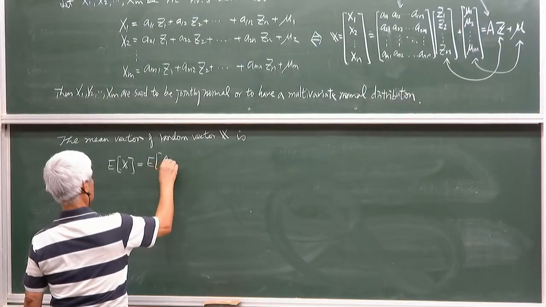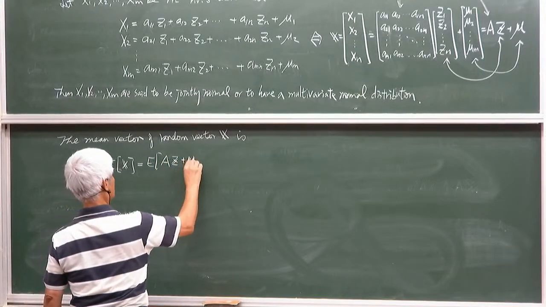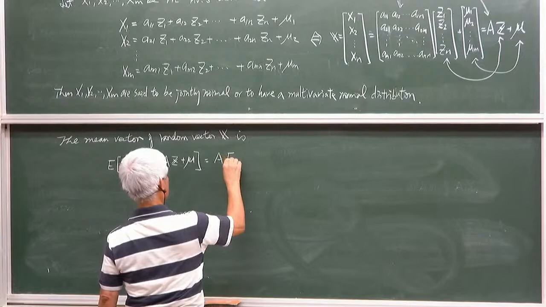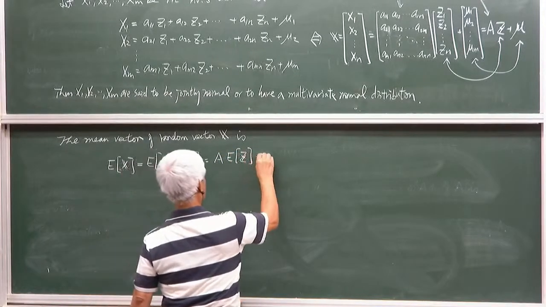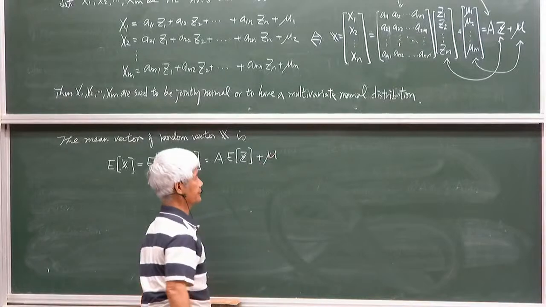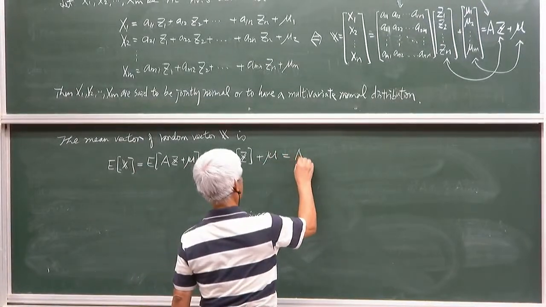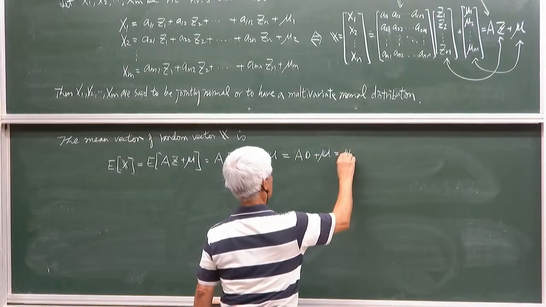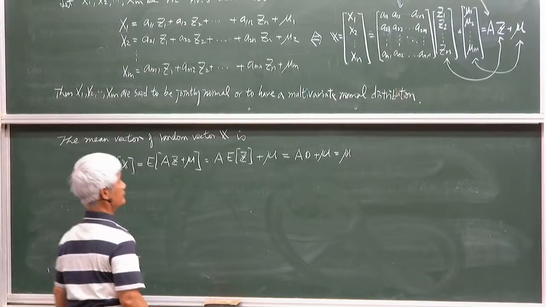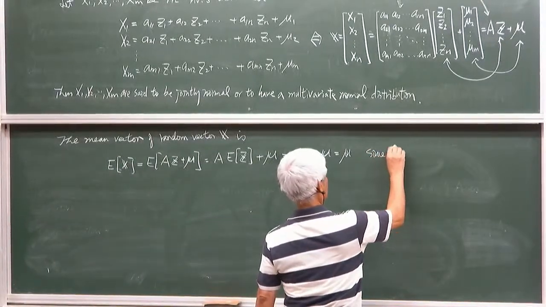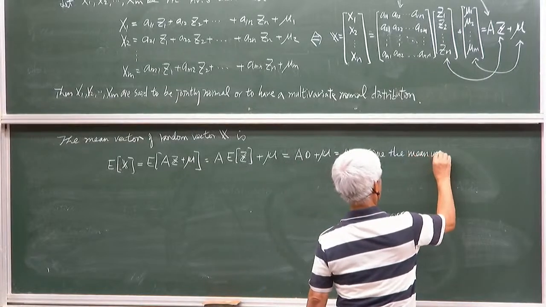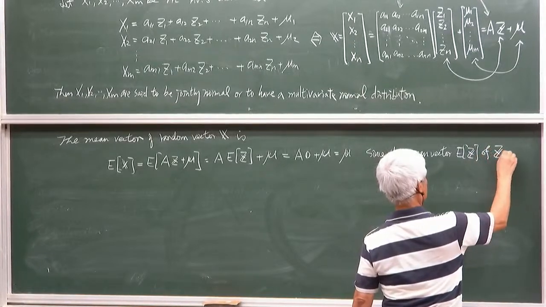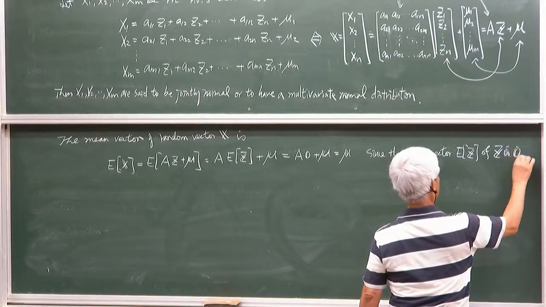It's A Z plus mu, and by linearity of expectation this is A times EZ plus mu. This is A times the zero vector plus mu, since the mean vector of the standard normal vector is the zero vector.